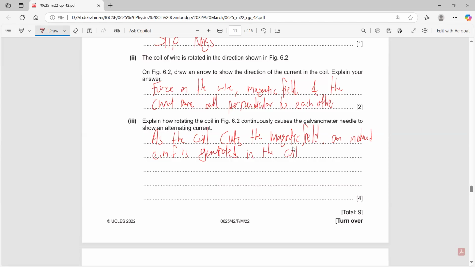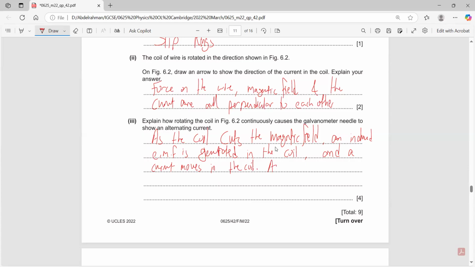EMF is generated in the coil, and the current is produced, and a current moves in the coil, for example. So now this is if it's moving in one direction.